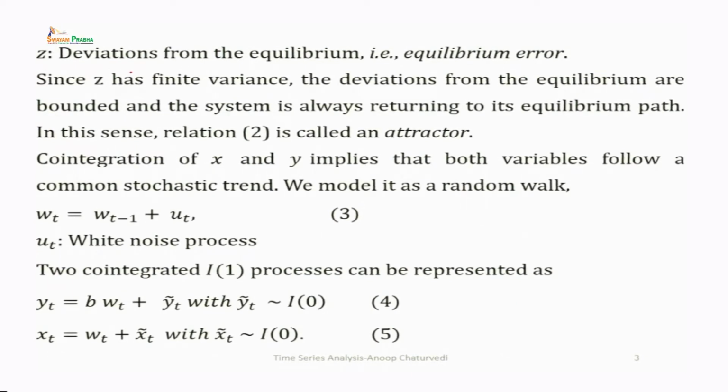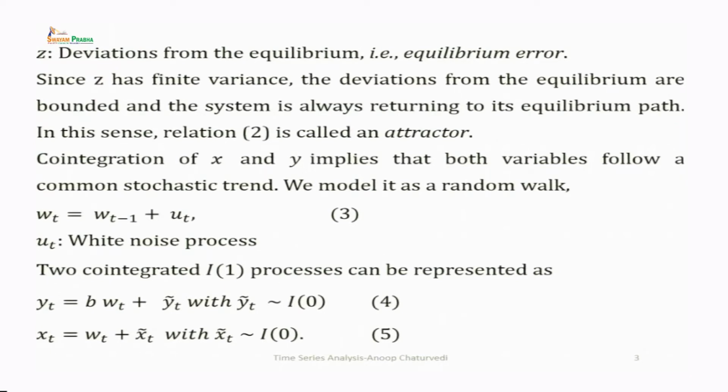Z is the deviation from the equilibrium, that is the equilibrium error. Further, Z has finite variance. So, the deviations from the equilibrium are bounded because Z has finite variance, and the system is always returning to its equilibrium path.